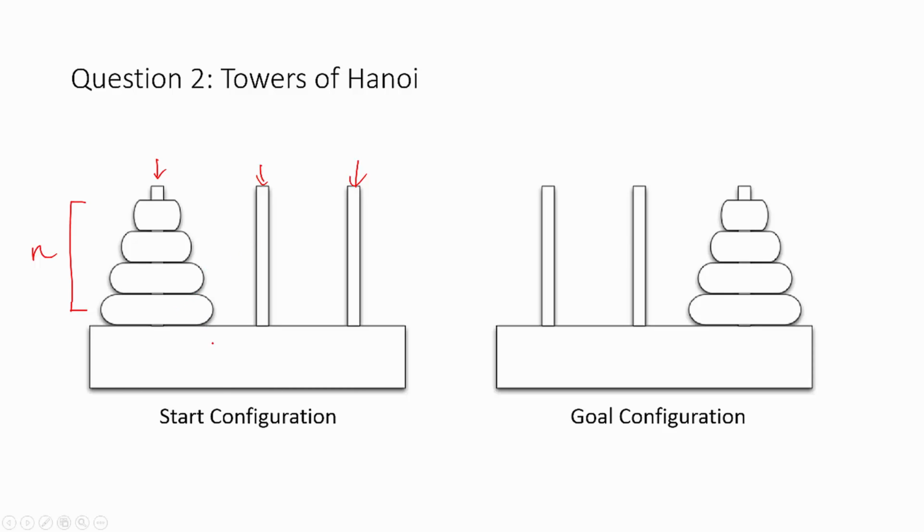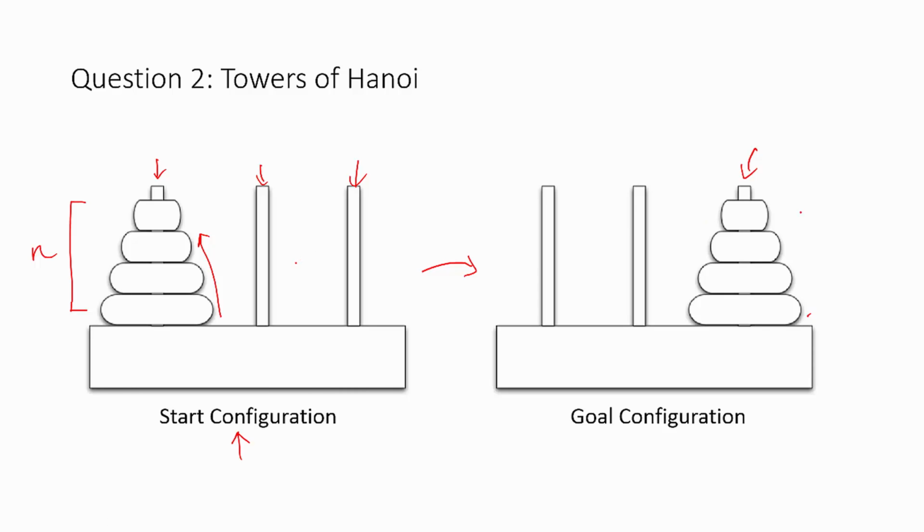We'll start with the start configuration in this picture, where all of the disks are stacked in the leftmost peg, and they're sorted from largest to smallest size. And the goal is to move all of these disks to the rightmost peg, again sorted from largest to smallest.